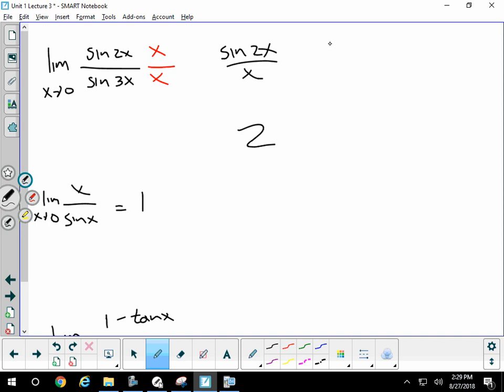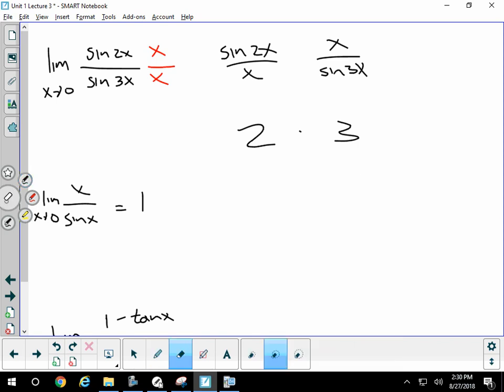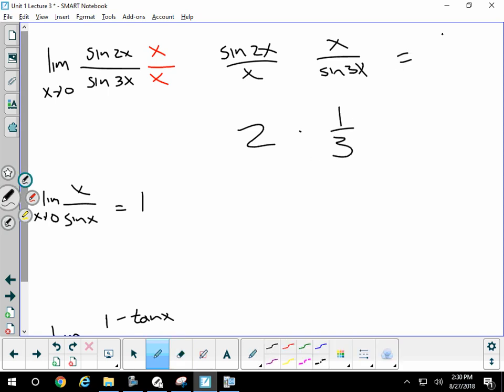And you can split this into x over sine 3x, which you'll find is 3. Not a third. It is a third, actually. The answer to this is 2/3. Not important, just there's a lot of questions on that problem from past years on homeworks.